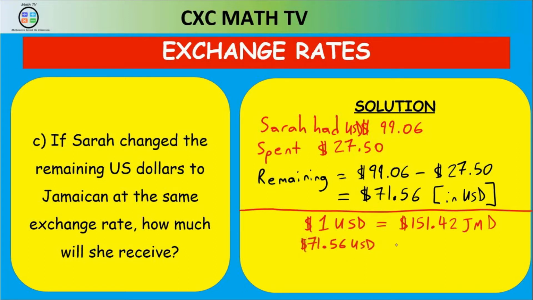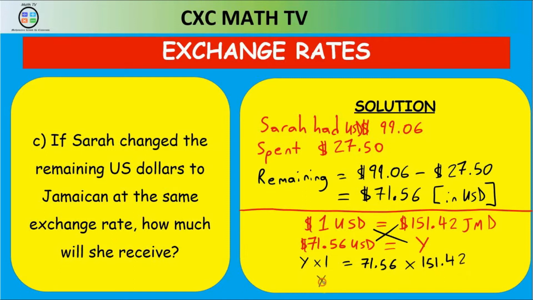I want to convert that to Jamaican, so we can call what we want to convert it to Y. So we need to find Y. To find Y, of course, we cross multiply again. So when we cross multiply, we're saying Y times 1 is equal to 71.56 multiplied by 151.42.